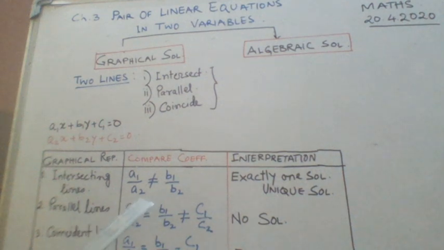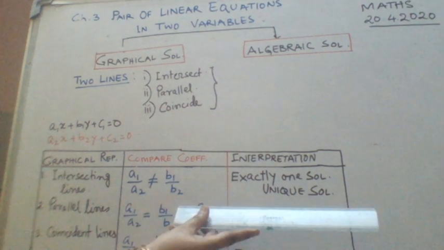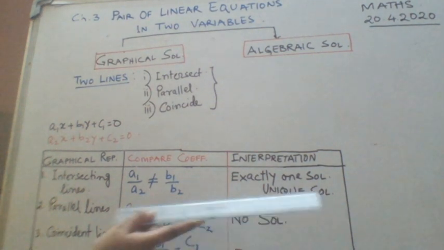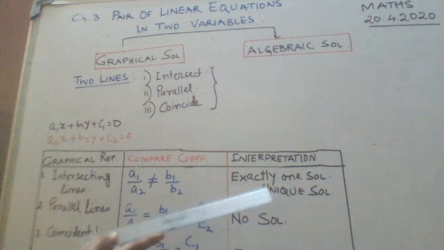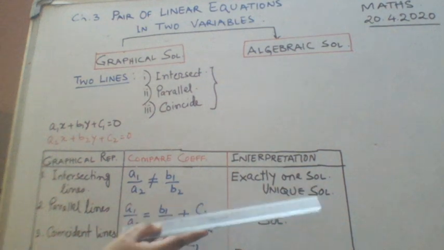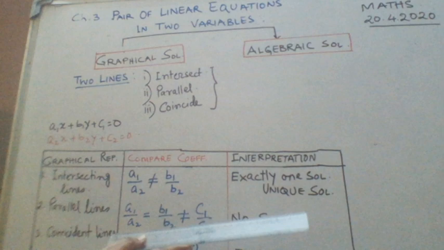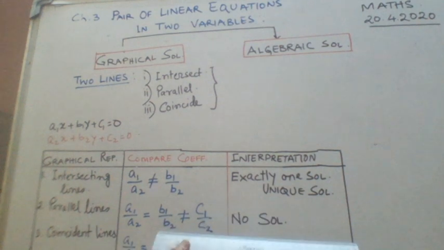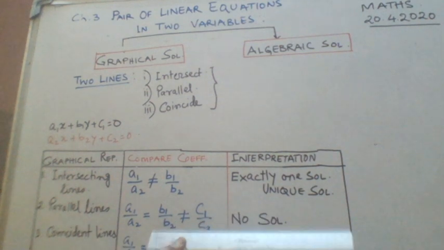And what conclusion do you draw from this situation? That states that the solution of the linear equations is going to be exactly one solution, that is a unique solution. Exactly one solution means unique solution.